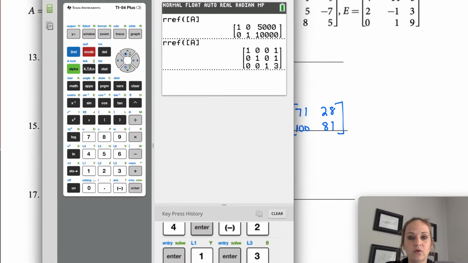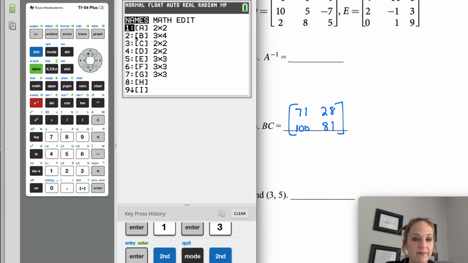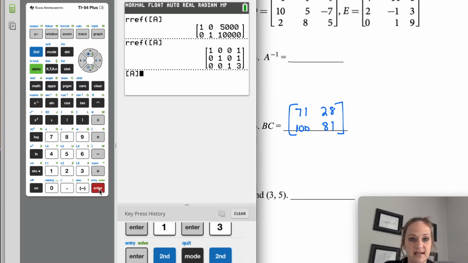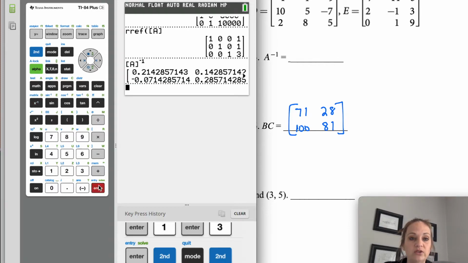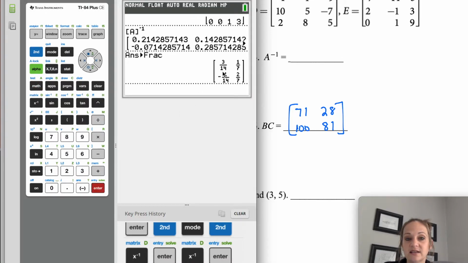Now I am wanting the inverse. So I'm going to go in and get my matrix A that I just edited, and I'm going to hit the x to the -1 because I want the inverse. When you do that, you're going to get a bunch of kind of weird numbers. Here's what you do. Hit math, enter, enter, and it changes it back to a fraction.